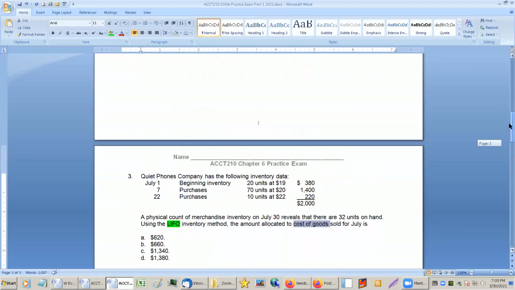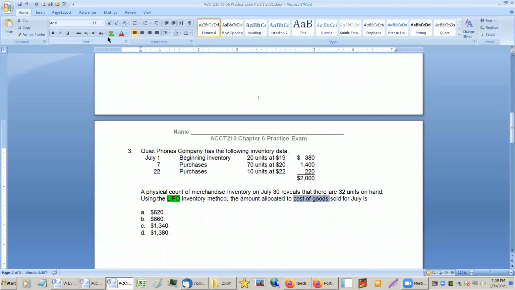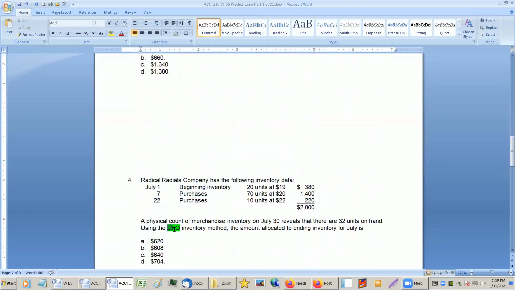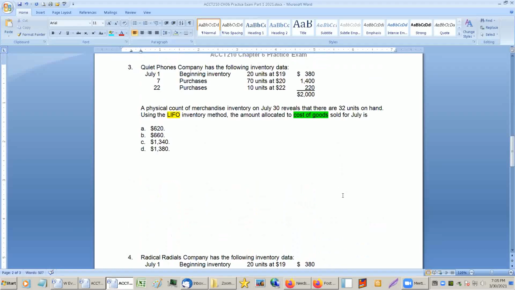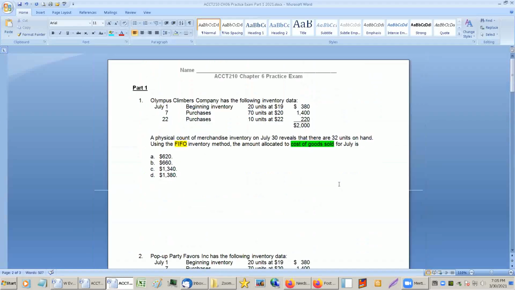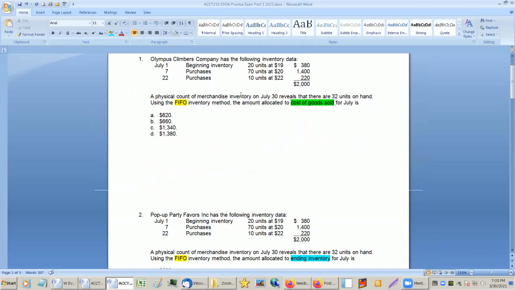I highlighted those differently. I shouldn't have done that. I'll fix my highlighting here. So the first one is the cost of goods sold, and the second one is the ending inventory. Be careful on those when you go through them. The problems are the same, but they're asking for cost of goods sold and ending inventory. So there are 2 different things here. You look at them and say these are identical, and they are, except for what they're asking for.